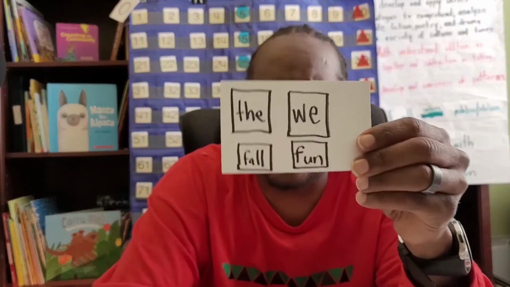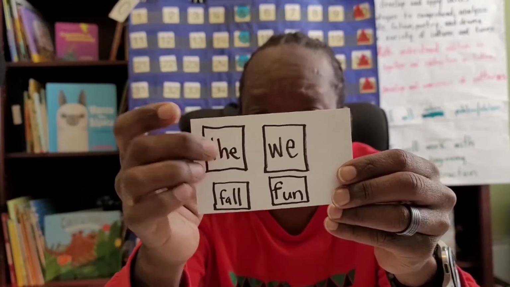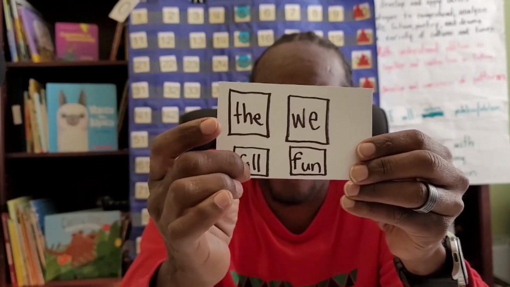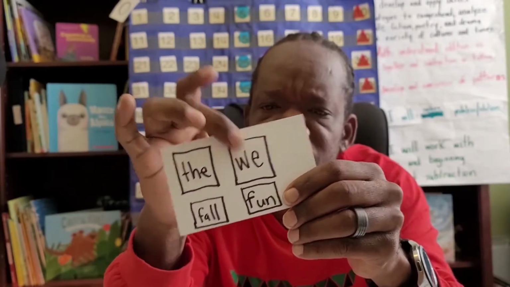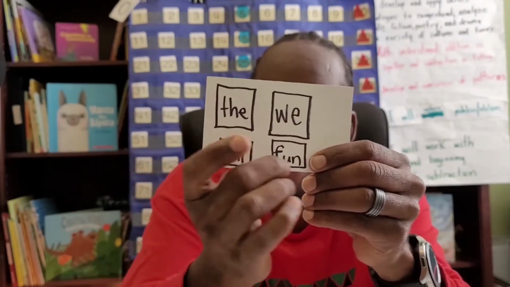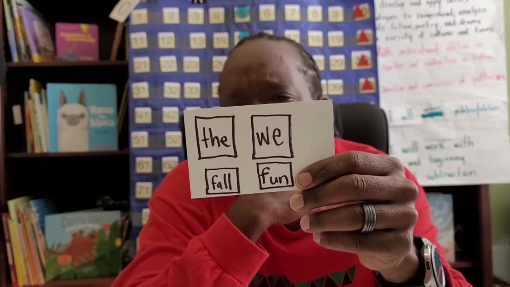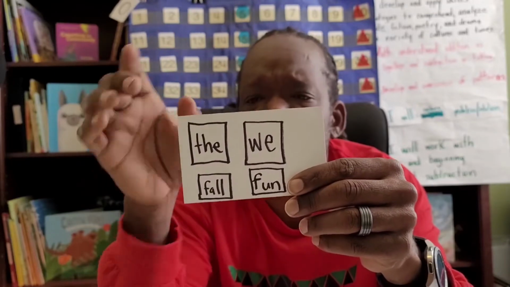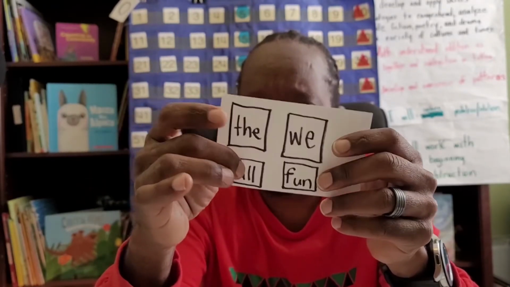Let's say these are your sight words. Let's read the sight words. The, we, fall, fun. Read them with me. The, we, fall, fun. Let's say we're so smart that we already know the, we, and fall. So we could take those off, right?